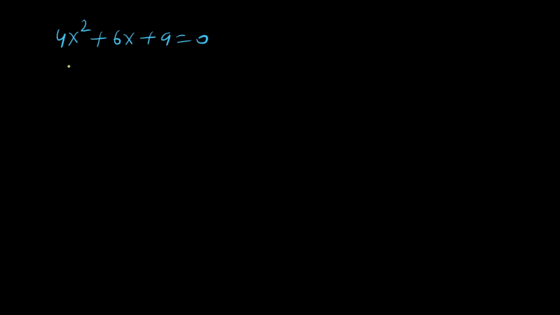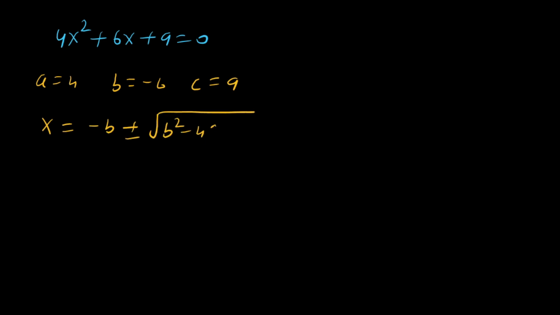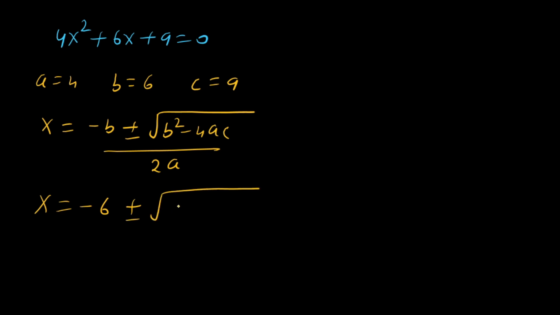If we apply the quadratic formula, here the value of a is 4, the value of b is 6, and the value of c is 9. Then we know that the quadratic formula is minus b plus minus square root of b square minus 4 times ac, divided by 2 times a. Then x is equal to minus b, b is 6, plus minus square root of b replaced by 6 square minus 4 times a.